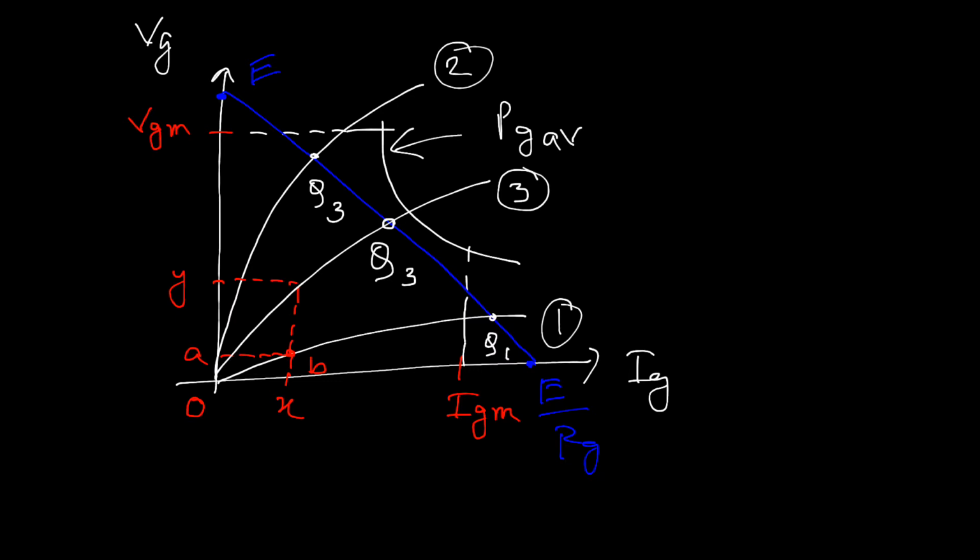That means the operating point must lie between the two allowable operating points, Q3 and Q1.